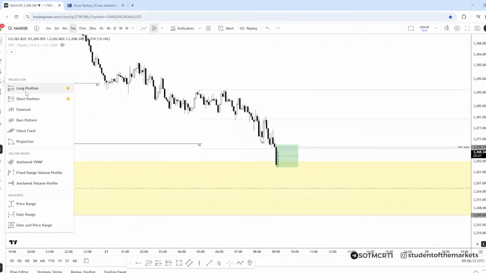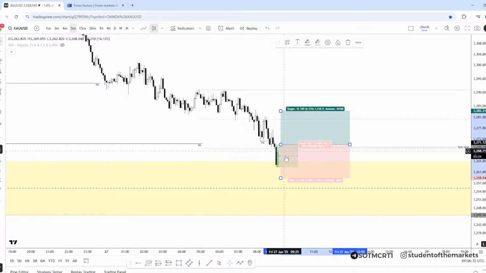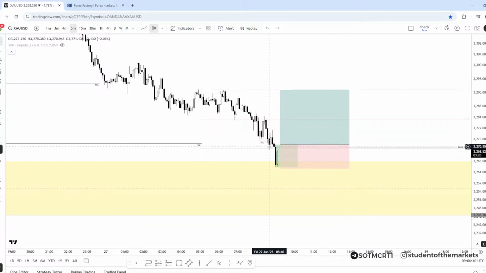So I would look for something like this if price can close above the high of the candle.